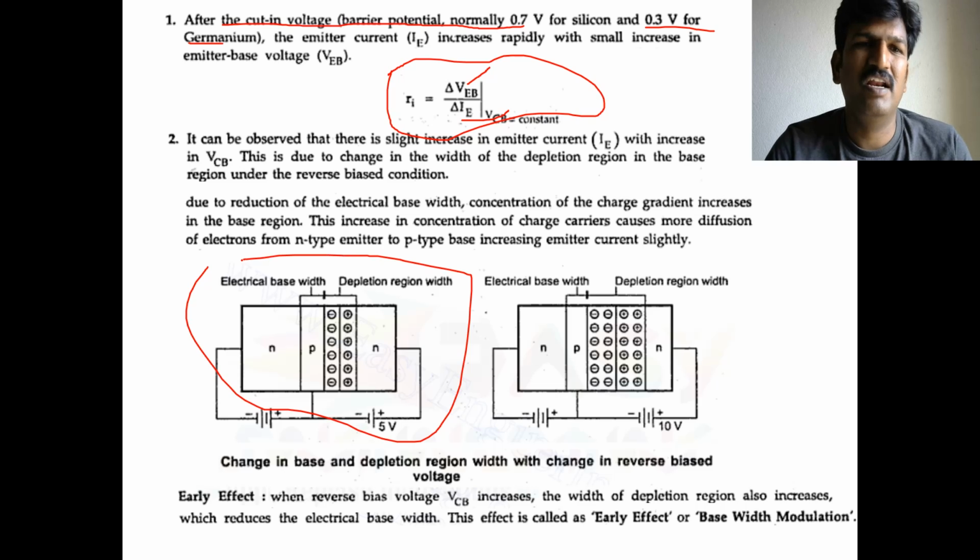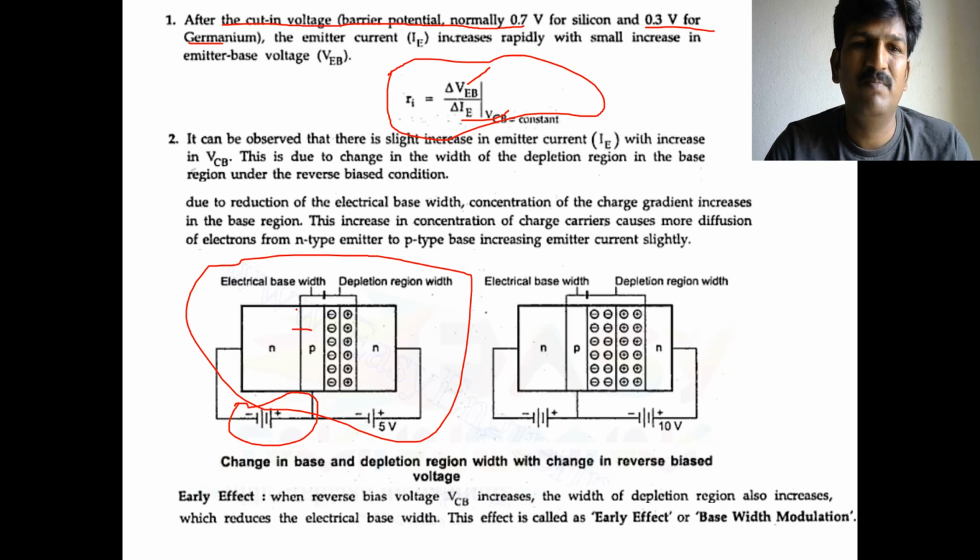Here the depletion region width is going to be changed according to the external power supply. The depletion layers are there between the base to emitter junction and between the base to collector junction. When you apply the voltage to the emitter to base, which makes this junction forward biased, the depletion region will become narrower.